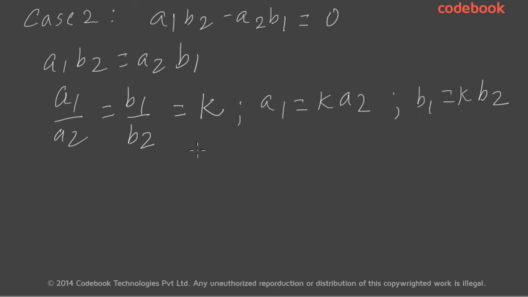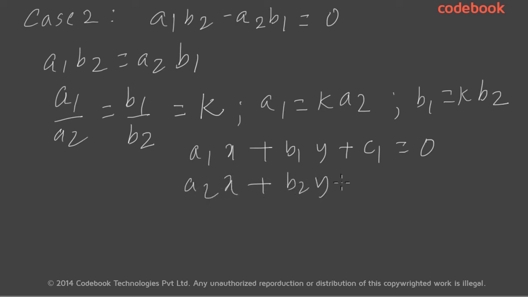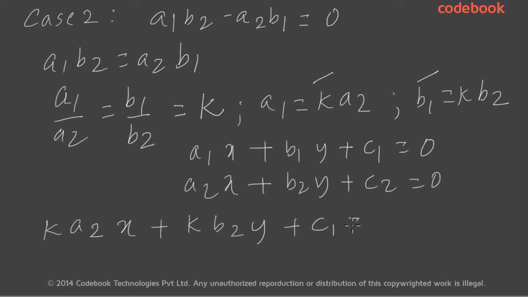Let's take the two equations that we had, A1x plus B1y plus C1 equal to 0 and A2x plus B2y plus C2 equal to 0. Substituting these two coefficients in equation 1, we have k times A2x plus k times B2y plus C1 equal to 0. This is nothing but k times A2x plus B2y, plus C1 equal to 0.